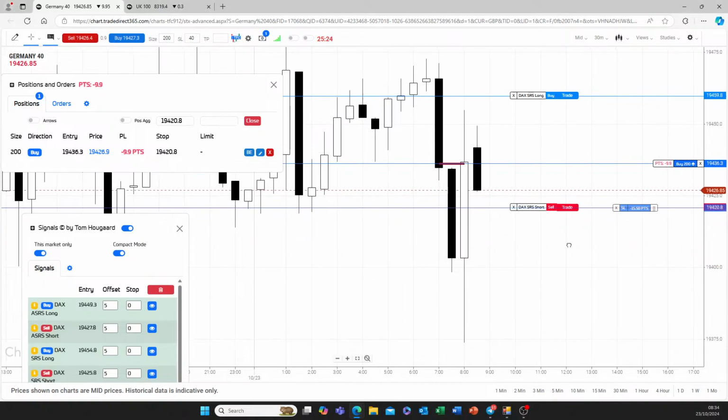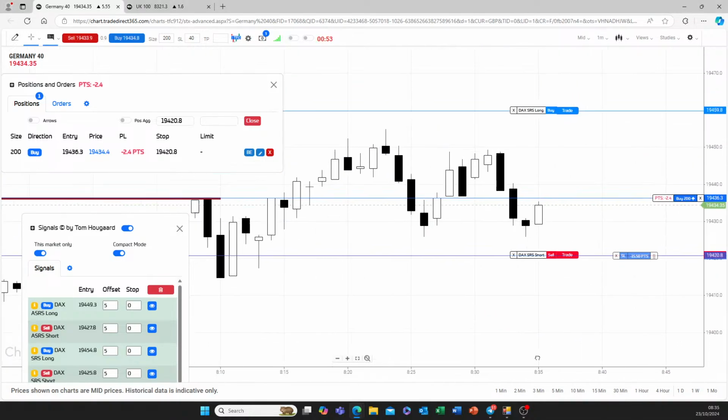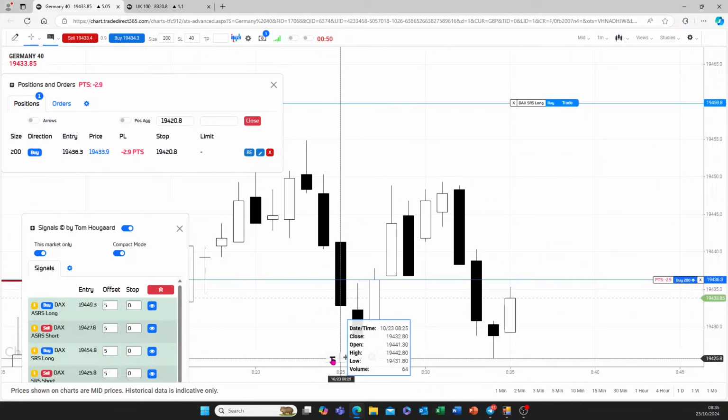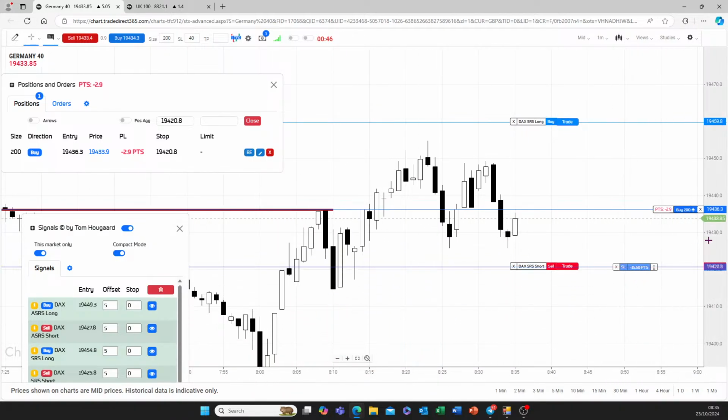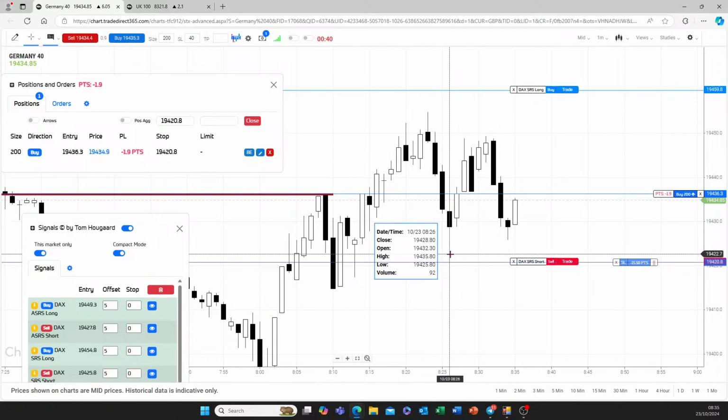So that's not looking so good now. On a 1-minute chart, we came down and made a trading range double bottom. 25, 25.